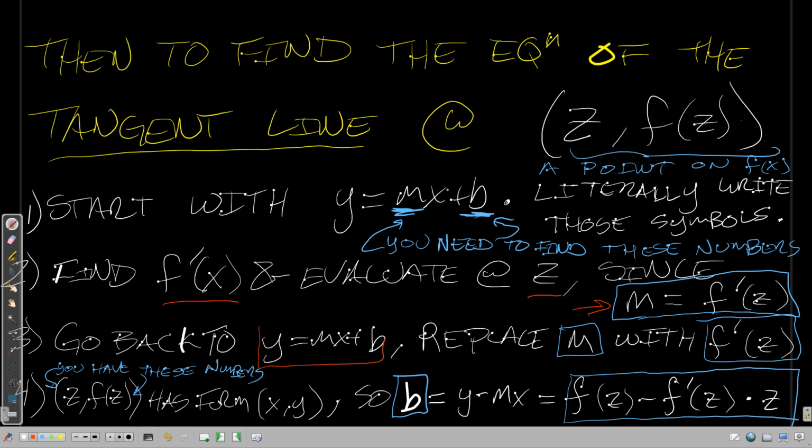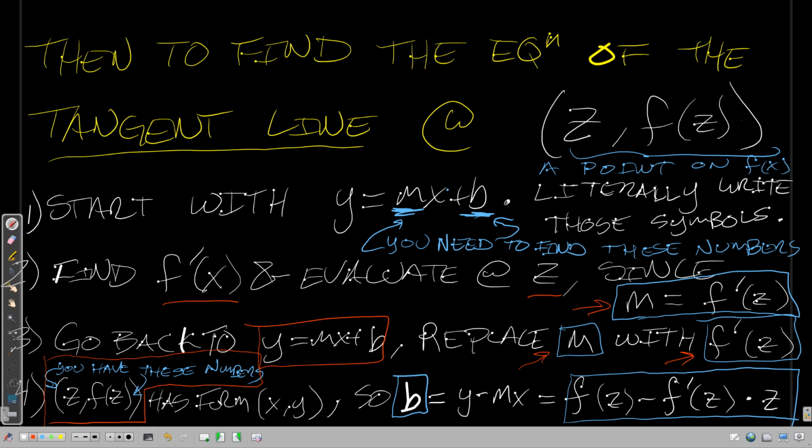I want you to go back to what you literally wrote down, and if you did it with a pencil, then get your eraser out and erase the m and put in that number, f prime of z, because you're going to have a number, and you write it down. Instead of m, you put whatever number you got for f prime of z. Then you back up to the point where you are going to be tangent.